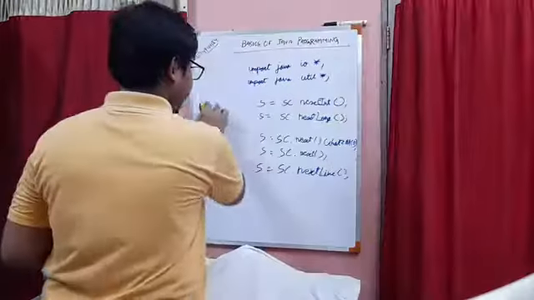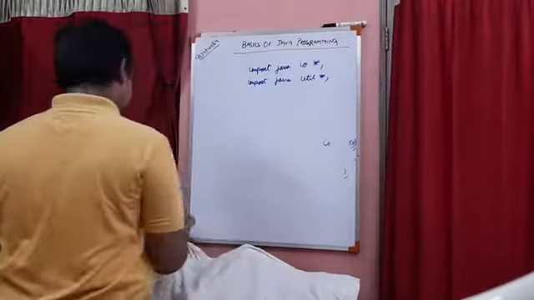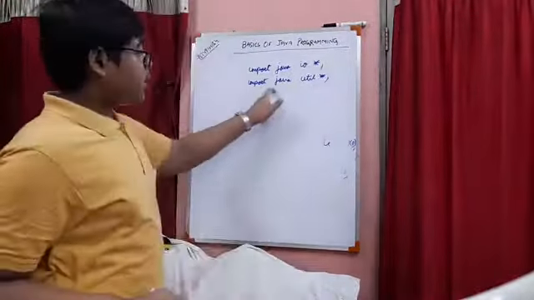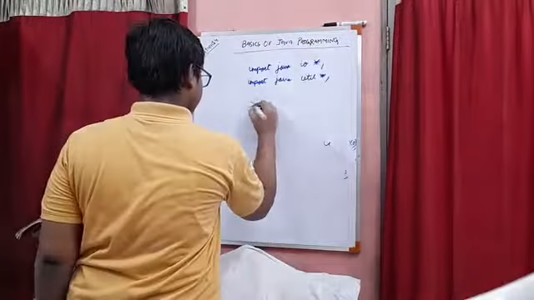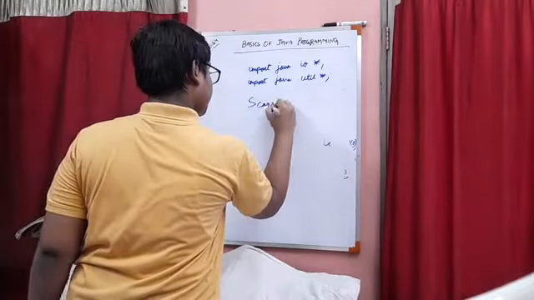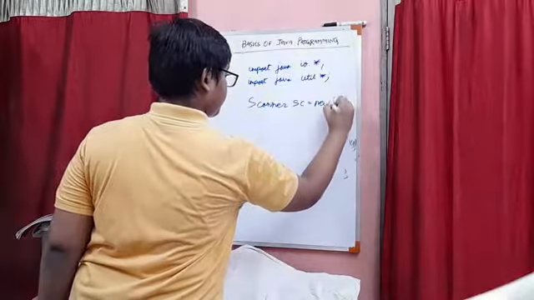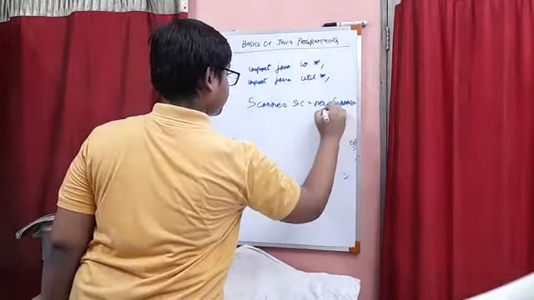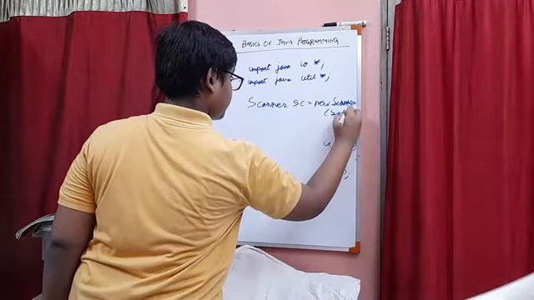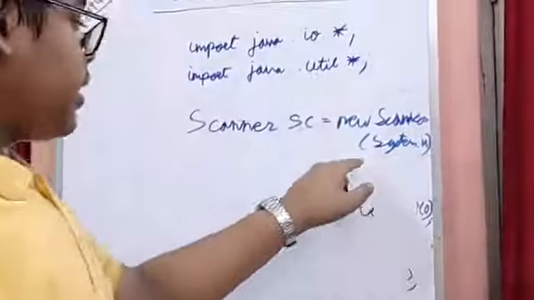I was going to explain what SC was here. Now coming to that, after importing the class into the class we are using, we will write a statement: Scanner sc is equal to new Scanner within bracket System.in. Now this should be in one line.